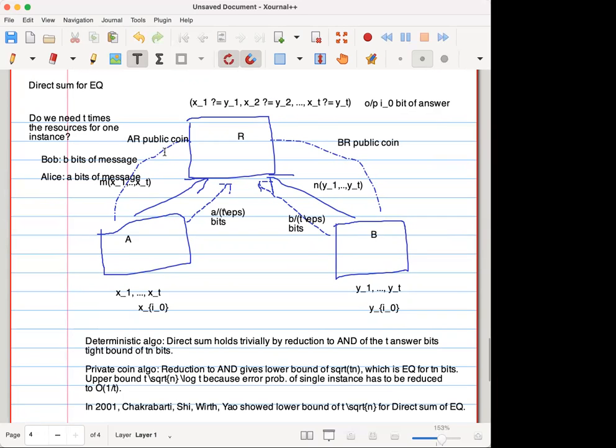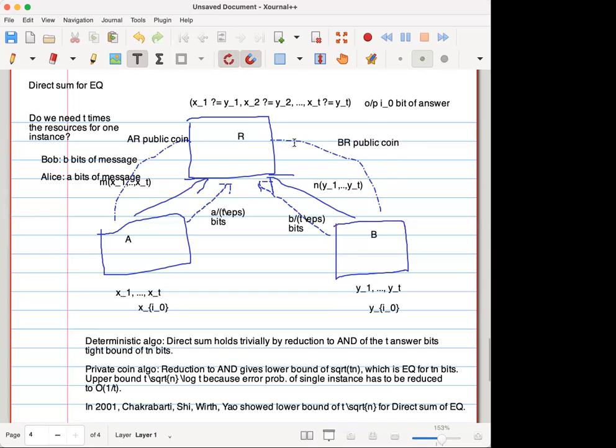So the public coin is huge. Now, let us say I take t independent copies of this public coin, and the same for Bob, the BR public coin. Can I take a guess? Okay, so I'm going to use birthday paradox kind of stuff. So let's say I repeated some k times. And so there's no birthday paradox.